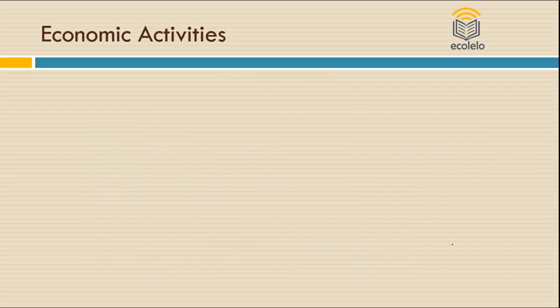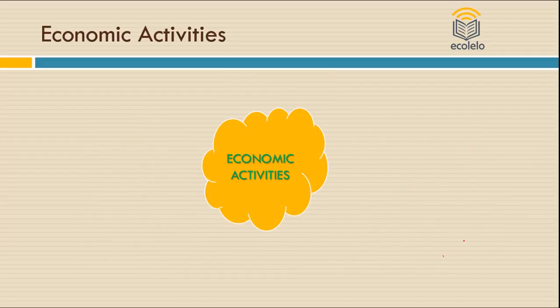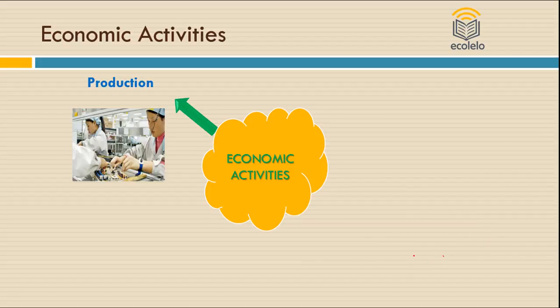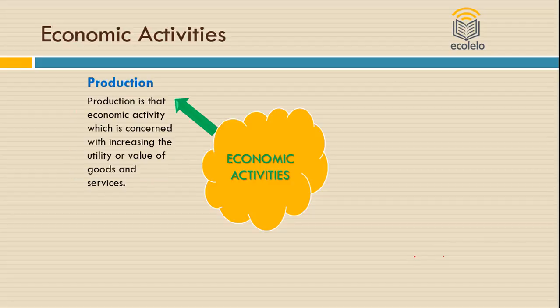Let's move ahead. Economic activities. What types are there for economic activities? First is production. Now, production is something very basic. We all know it. It is that activity which is concerned with increasing the utility or value of goods and services. Now, if you ask a layman what is production, the person will say, oh, it's just production. You're producing goods.